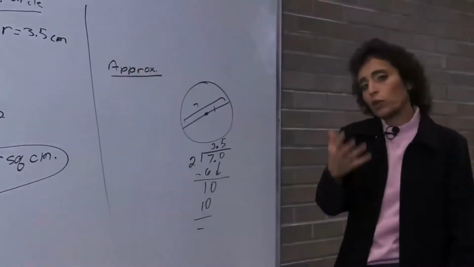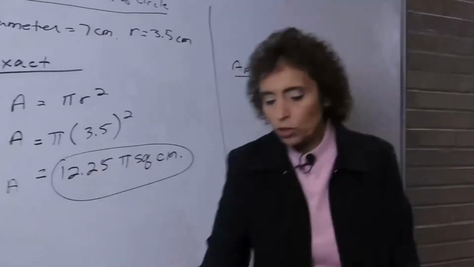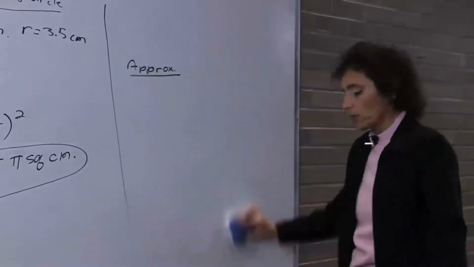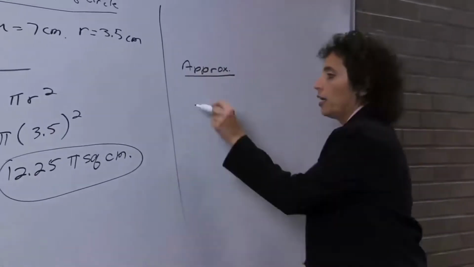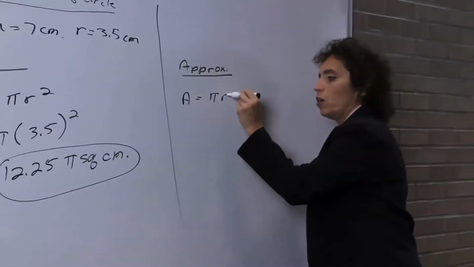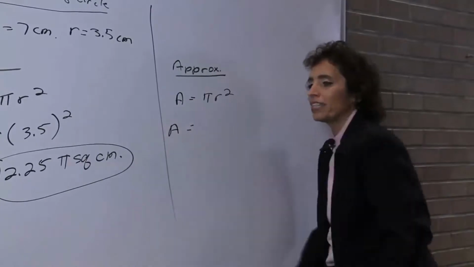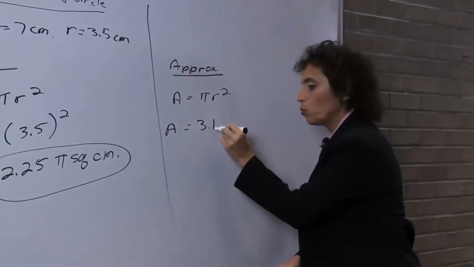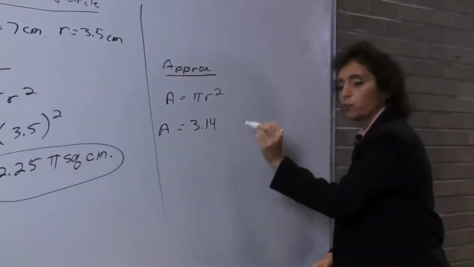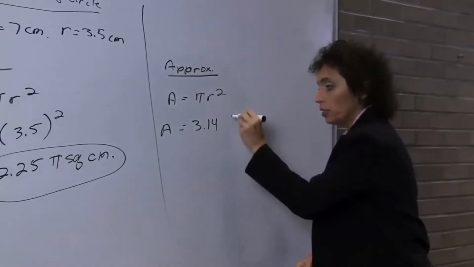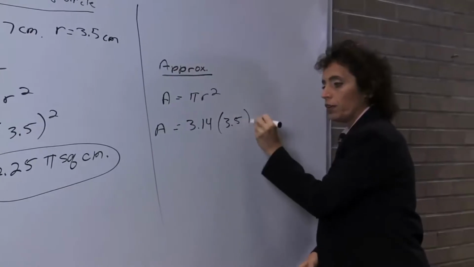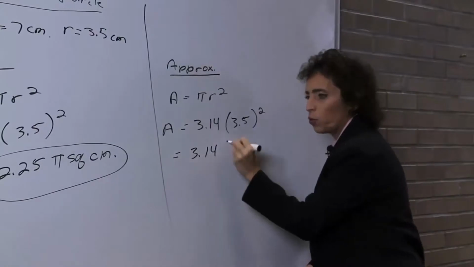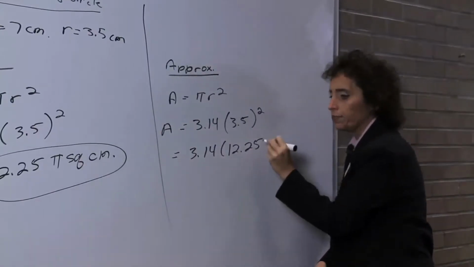That is the exact answer. Okay, now you want the approximate answer. Well, to do the approximate answer, you start the exact same way. All right, you would go A equals pi r squared, but instead of keeping pi, you have to change pi to 3.14. Okay, it's approximation because remember pi is irrational, times the radius, 3.5 squared, which would be equal to 3.14 times 12.25.